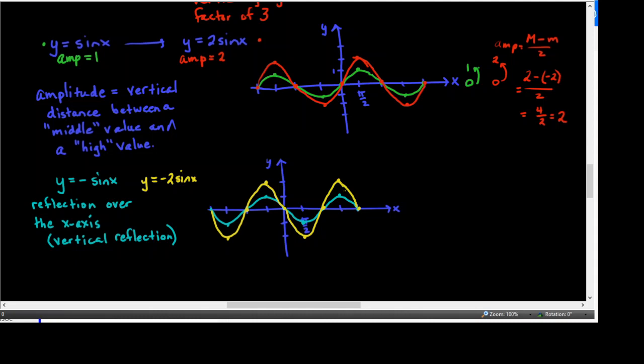So this one, we would say vertical reflection and stretch vertically by a factor of 2.